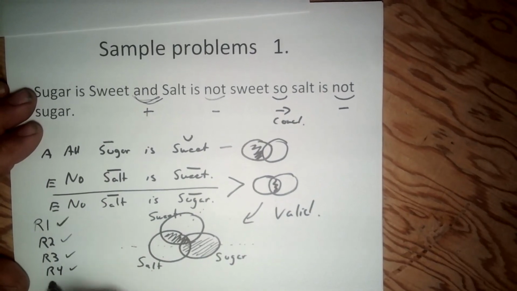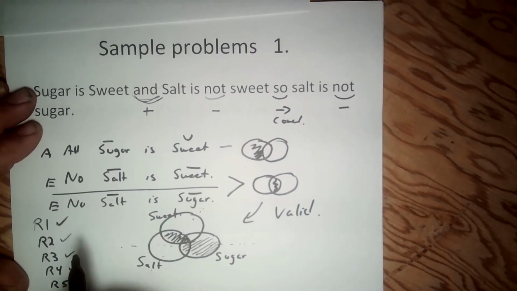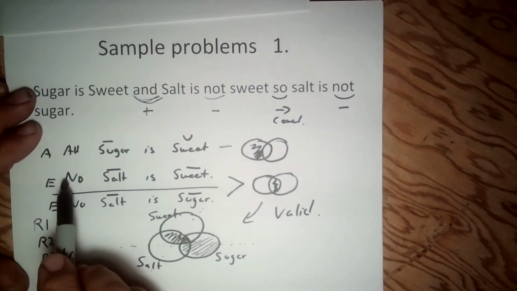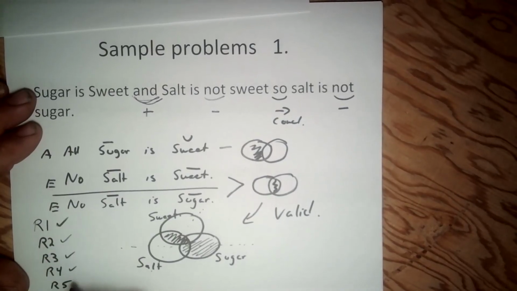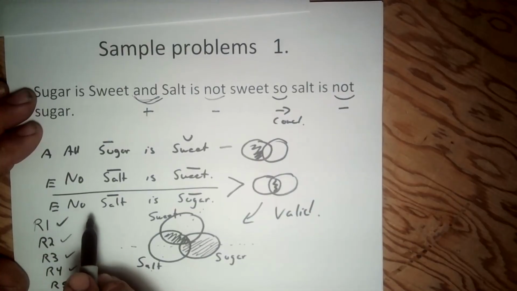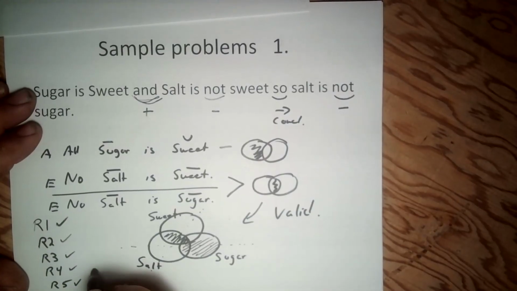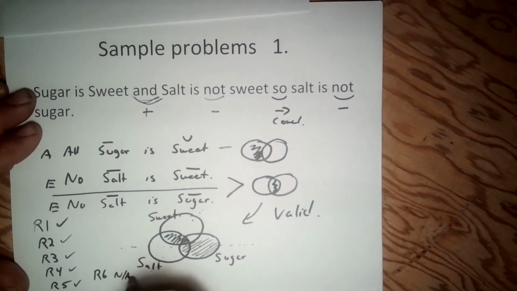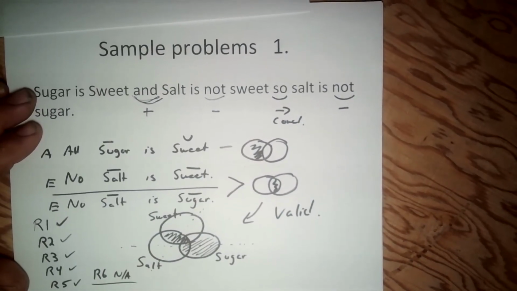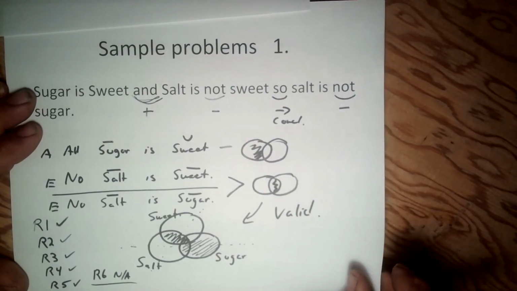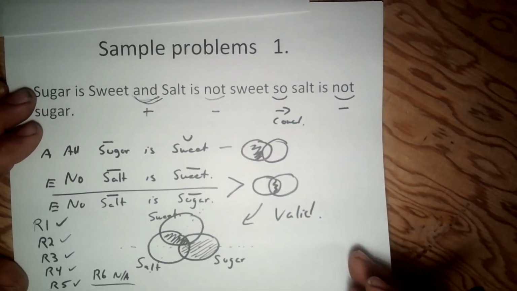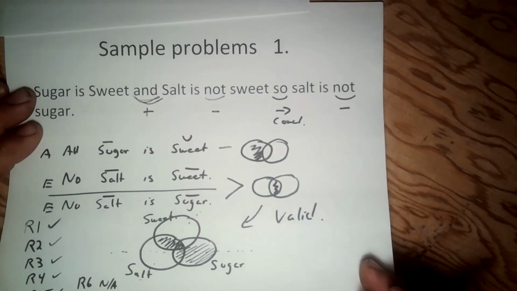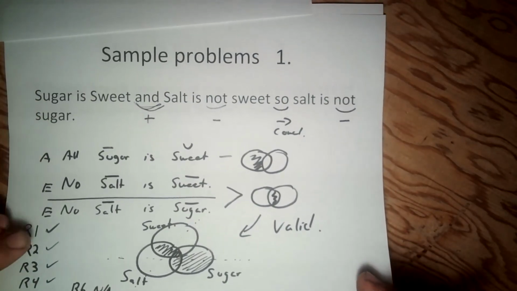We do not. Rule 5, if you have a negative premise, you must have a negative conclusion. Check. And rule 6, if the conclusion is particular, and it isn't. So we can almost think of it as not being applicable in this case. And so I think we should be pretty heartily satisfied that this very simple argument is in fact valid.